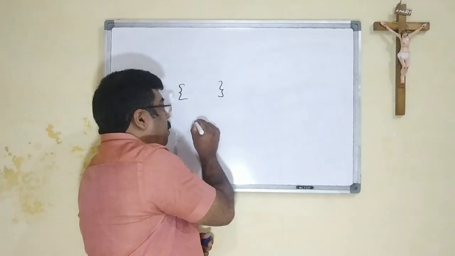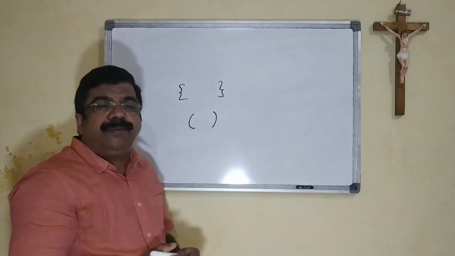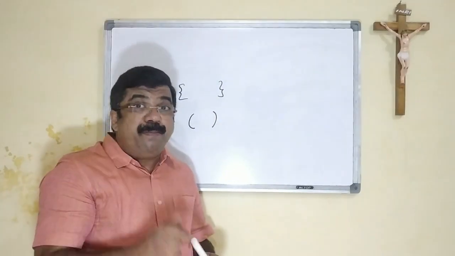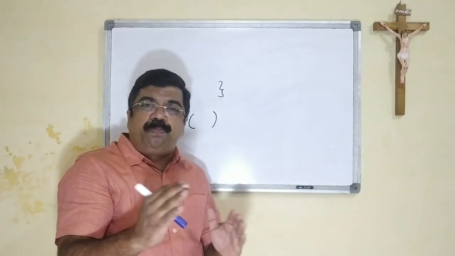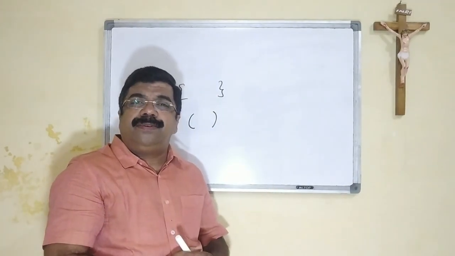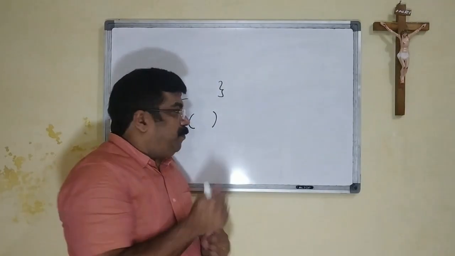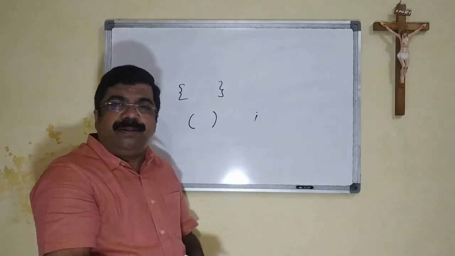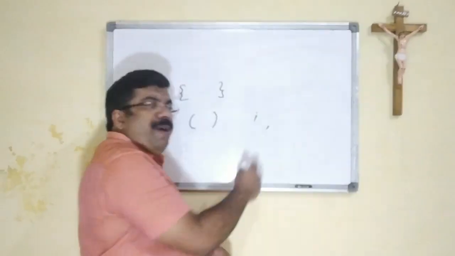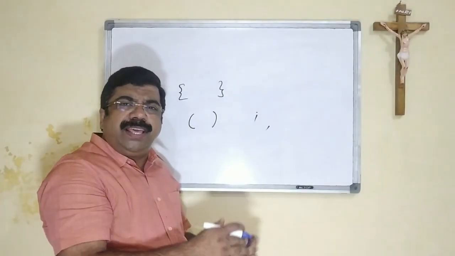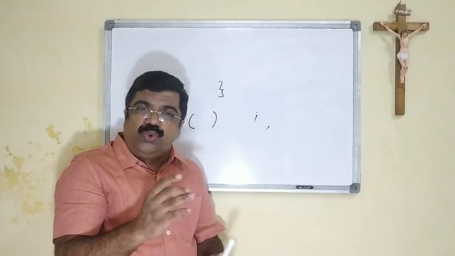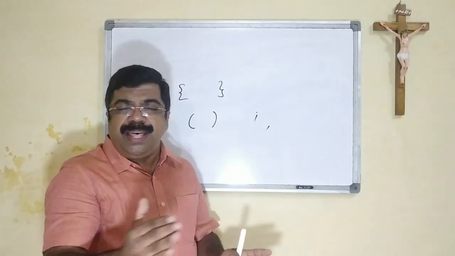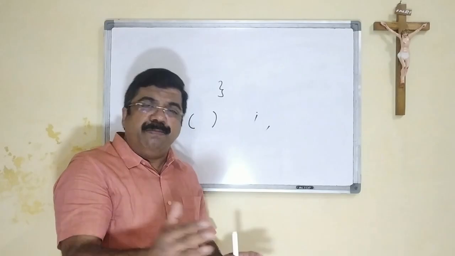Then we had parentheses. After the main, you were putting these parentheses. After the System.out.println, you were putting them. That is a separator. Semicolon, comma. Like that, we have so many separators. These separators are used to separate the code in between.